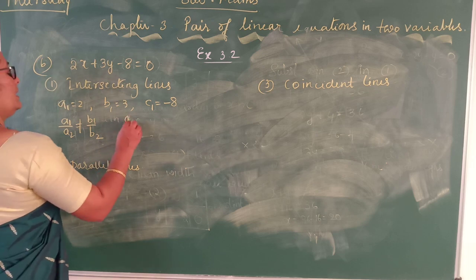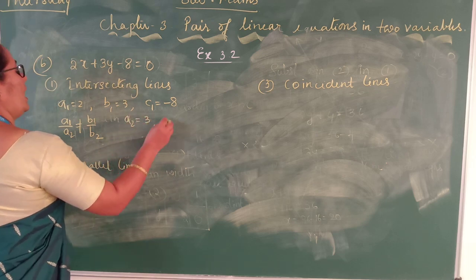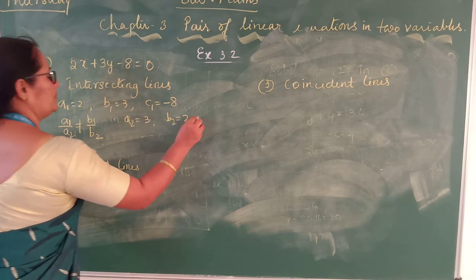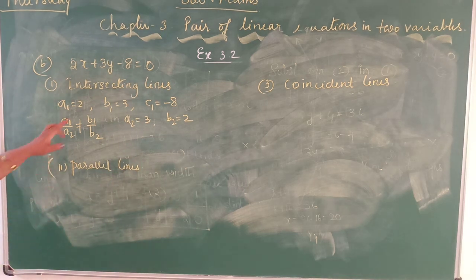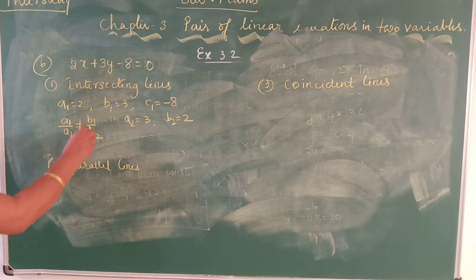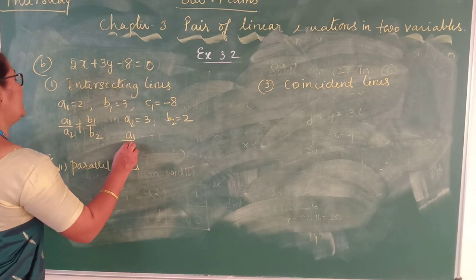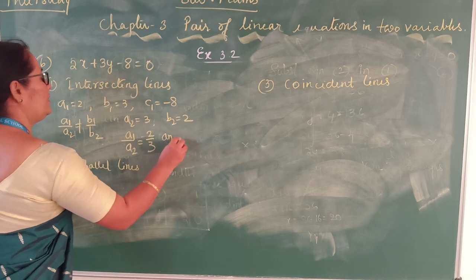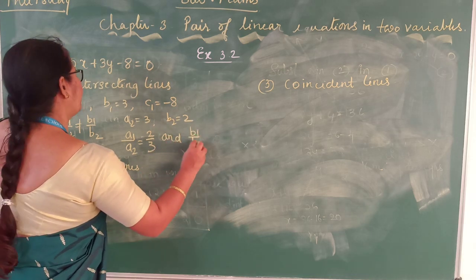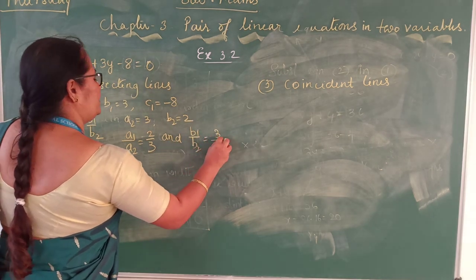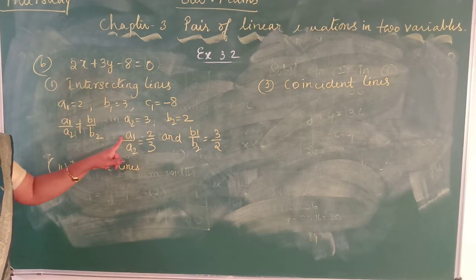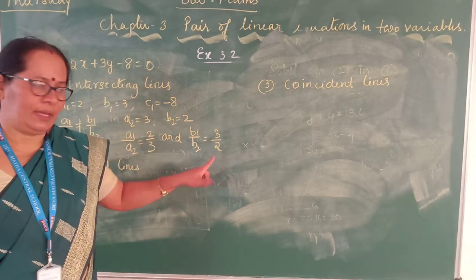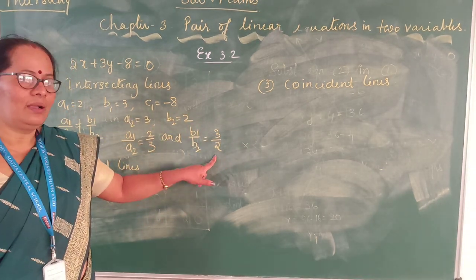If you take A2 as 3 and B2 as 2, then what will you get? A1 by A2 is 2 by 3, and B1 by B2 is 3 by 2. Now, is A1 by A2 equal to B1 by B2? No, they are not equal, right?